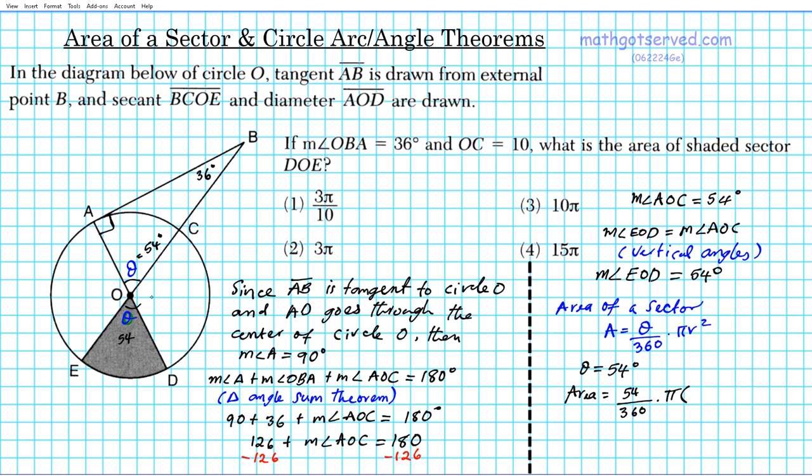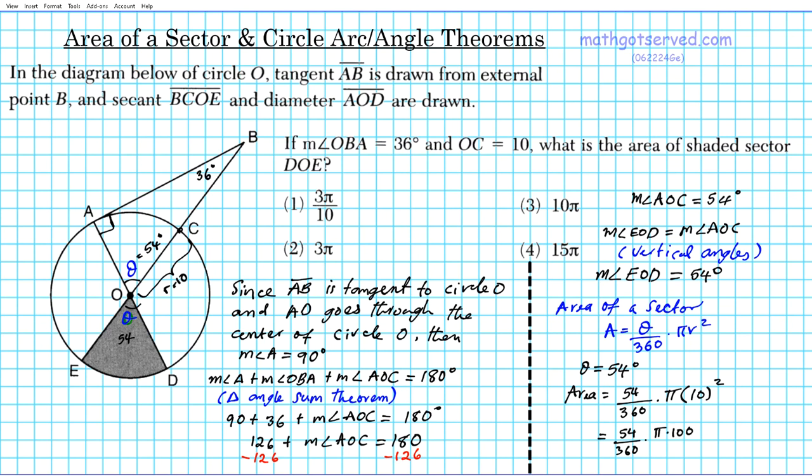You're told that OC is 10, so this segment right here is the radius, 10, times 10 quantity squared. Let's simplify this. So we have 54 over 360 times pi times 100.